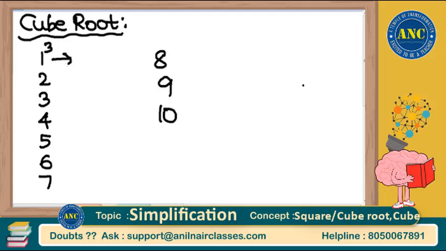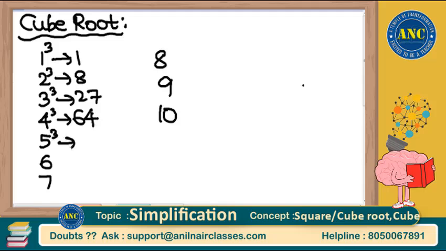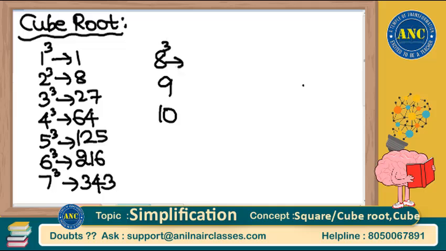If I cube all these things, 1 cube is 1, 2 cube is 8, 3 cube is 27 ending with 7, 4 cube is 64 ending with 4, 5 cube is 125 ending with 5, 6 cube is 216 ending with 6, 7 cube is 343 ending with 3, 8 cube is 512 ending with 2, 9 cube is 729 ending with 9, 10 cube is 1000 ending with 0.